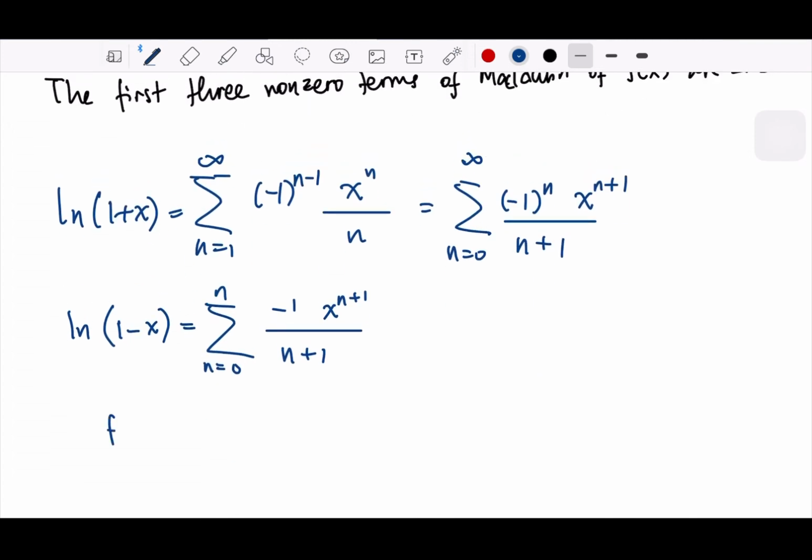So f of x is ln 1 plus x minus ln 1 minus x.